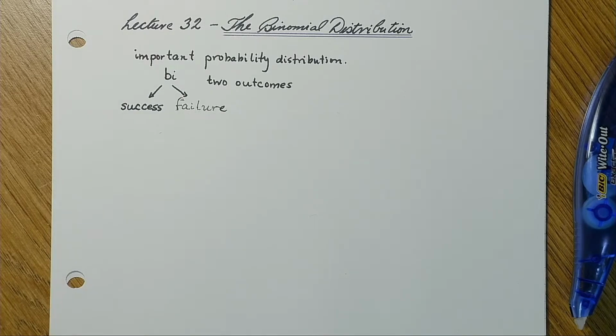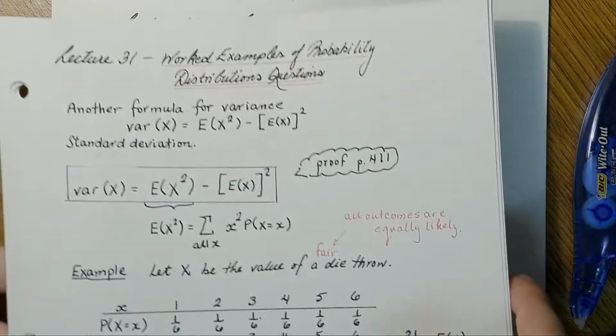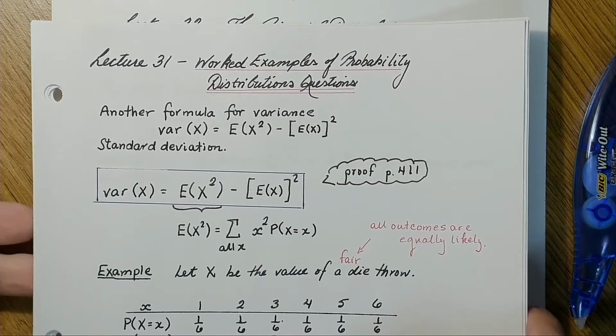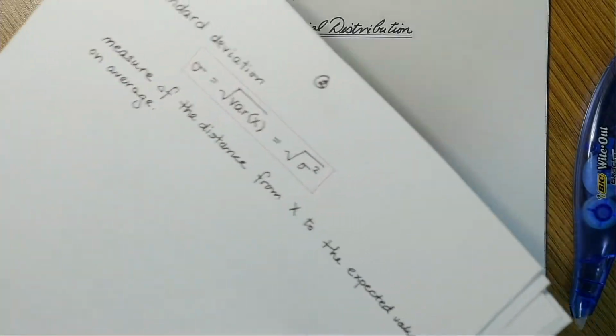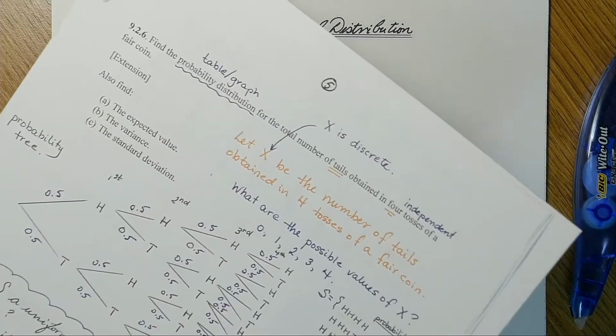Now, without explicitly saying it, we had actually seen a binomial distribution. If we go back to last lecture, lecture 31, when we were working on examples of probability distributions, we had actually seen one.